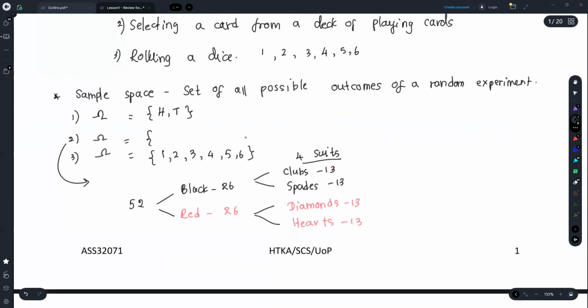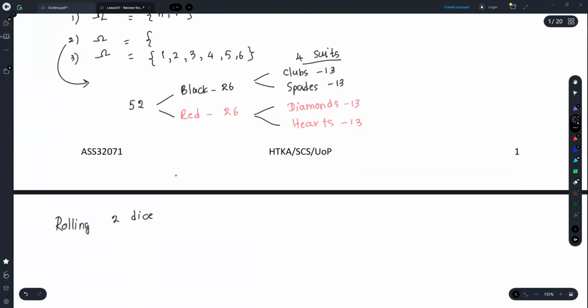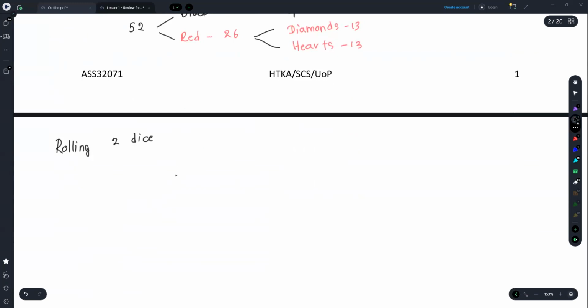What is the number of elements in your sample space? For the first one, there are 2, head and tail. Third one, there are 6 outcomes in the sample space. If you roll a dice 2 times or if you roll 2 dice at the same time, how many elements are there in your sample space? How do you write it?